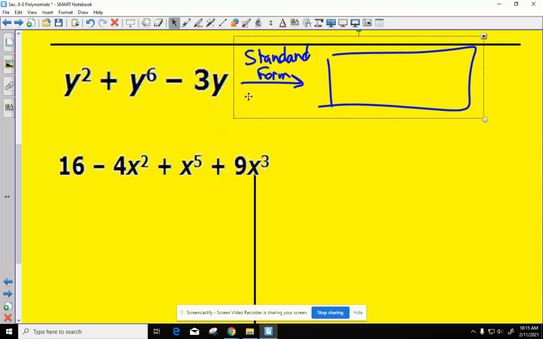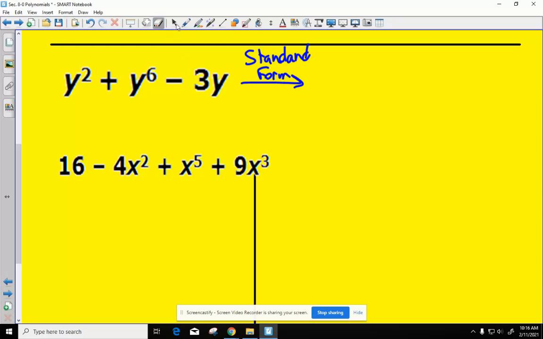All right. So if you chose the first one, what's the order that they should go in? Mia, what do you got? I did y to the 6th first, then y to the 2nd. So you're going to write y to the 2nd, but there's got to be something there. Plus. Why is it a plus?